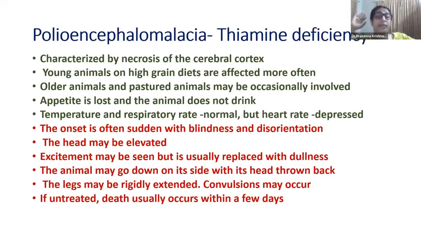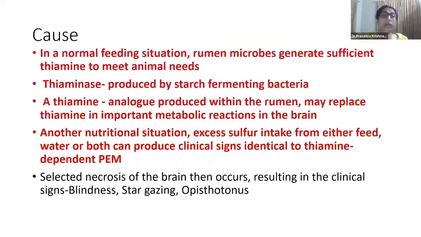Initially there will be excitement, but then the animal will become dull, and may go down on its side with its head thrown back. We often call it opisthotonus. The legs may be rigidly extended. Convulsion may occur, and if untreated, the animal will die.